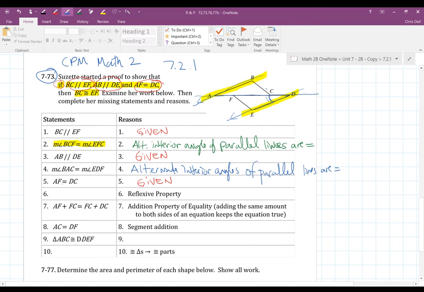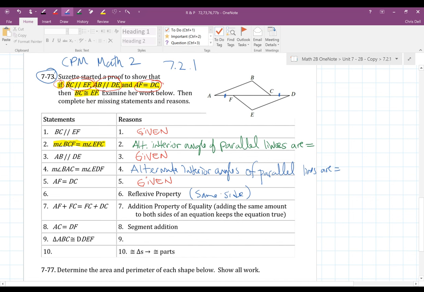Now we go in and we know AF is equal to DC. Let me get rid of my drawing here so I can keep marking this up. AF is this, and DC is this. Those are equal because it's given. And then it says reflexive property, meaning same side.